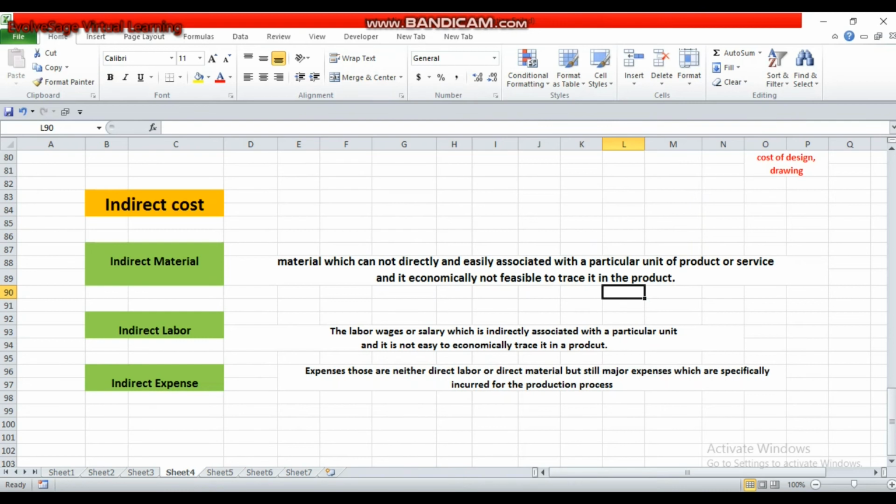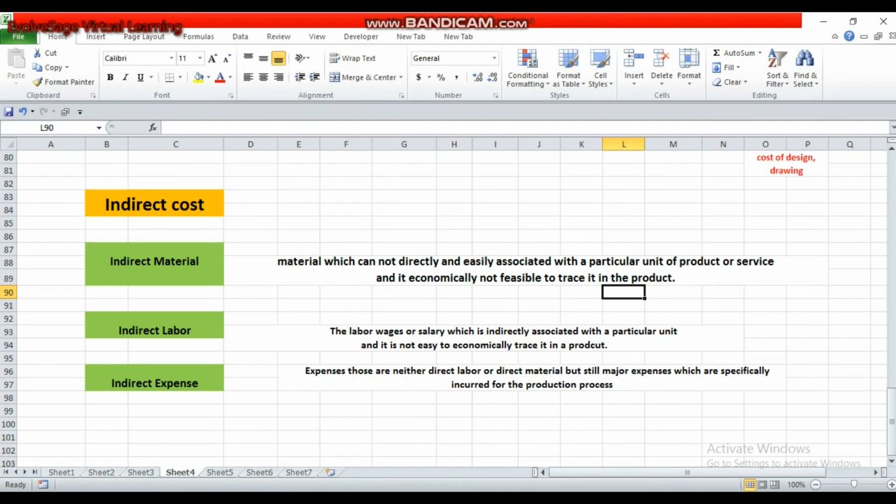This definition tells us the labor cost which cannot be associated with a single product, and it is not economically feasible for us to trace it to a specific product. Like I said earlier, some of the labor will be working directly in the production process and others are working in the production department, but they are not directly integrated with the production process.